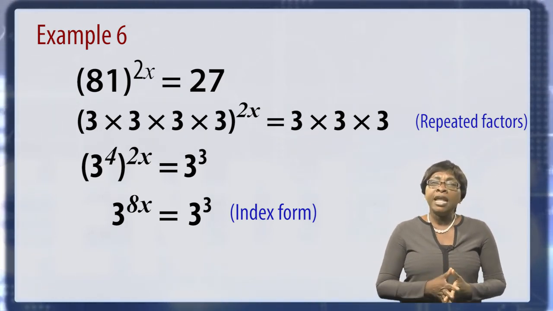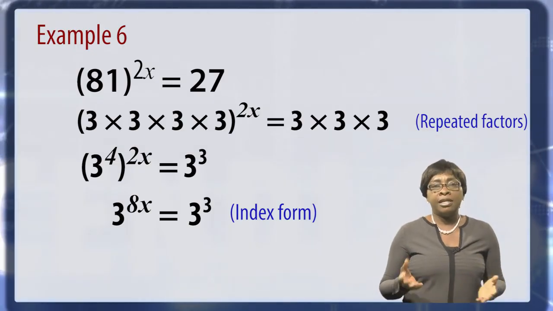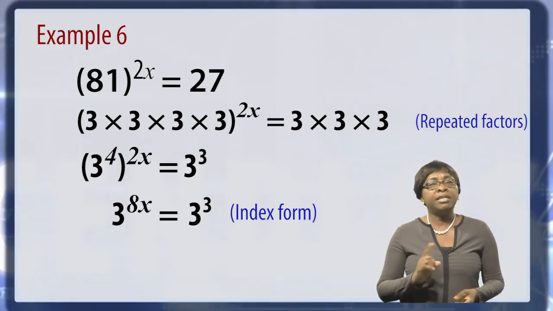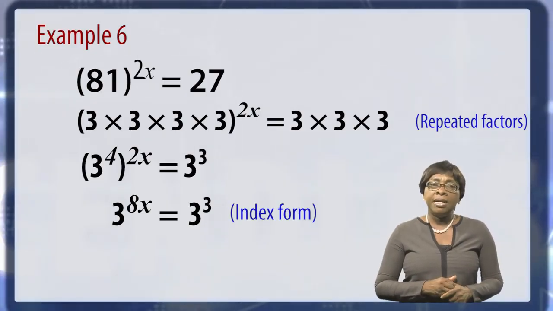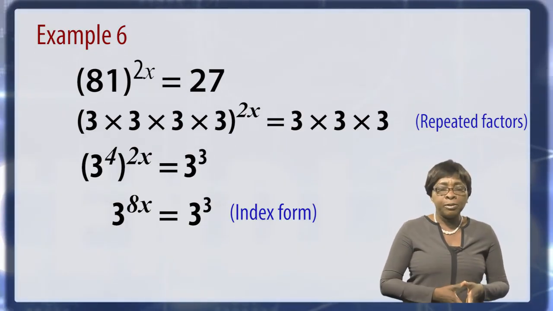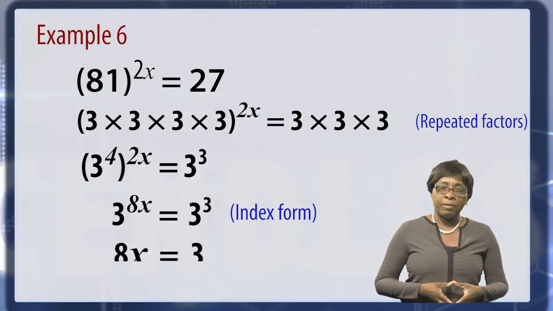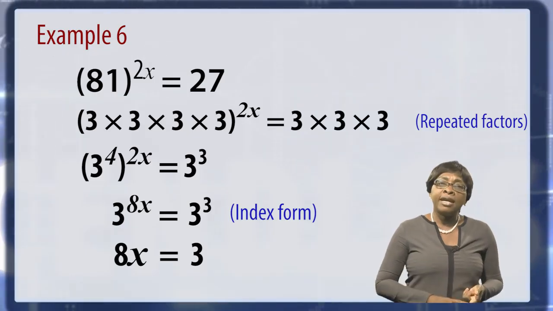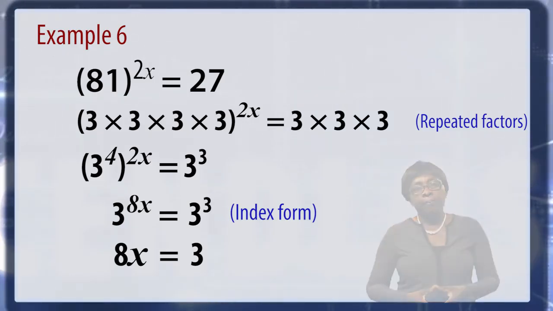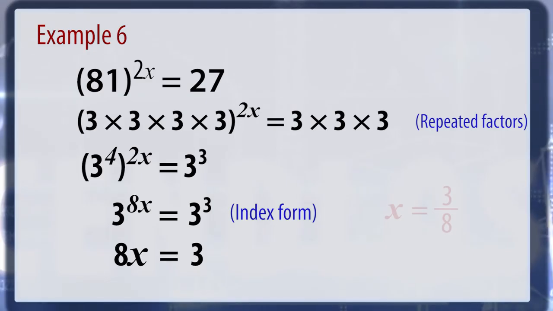Again, as you can see, both sides are equal. The bases are the same. So our exponents can also be equated to each other. So we'll say 8x is equal to 3. And then x would be 3 over 8.